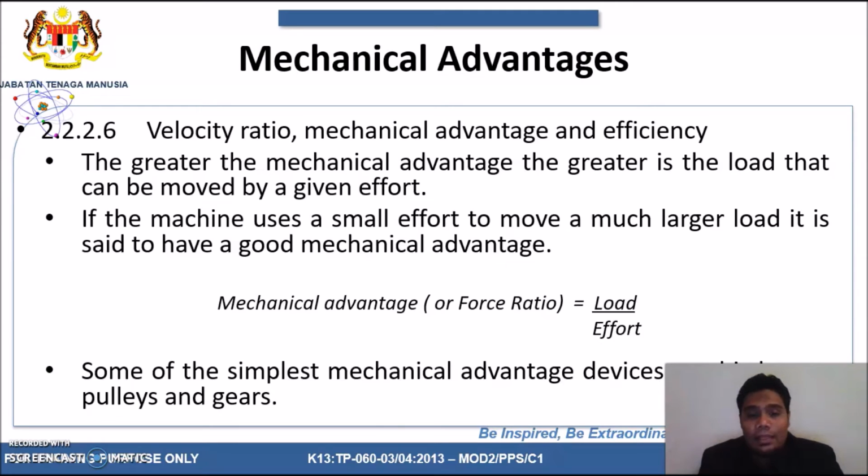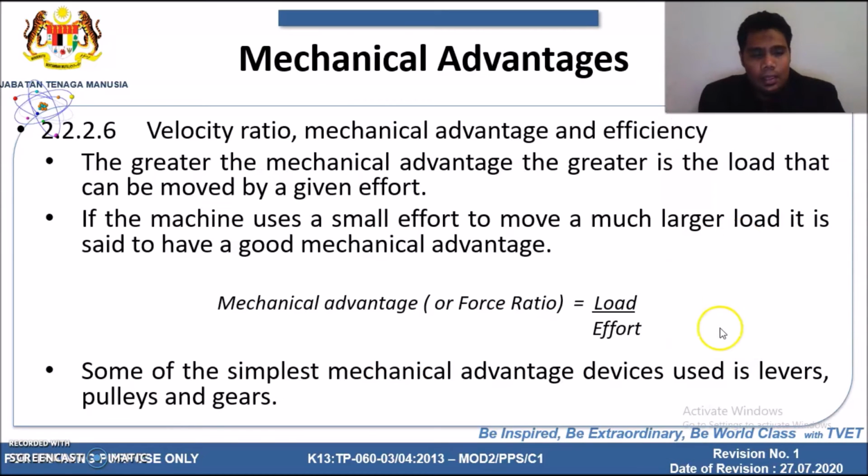Mechanical advantage or force ratio is equal to load over effort. Load over effort. Some of the simplest mechanical advantage devices used are levers, pulleys, and gears. Those are examples of mechanical tools or mechanical devices.